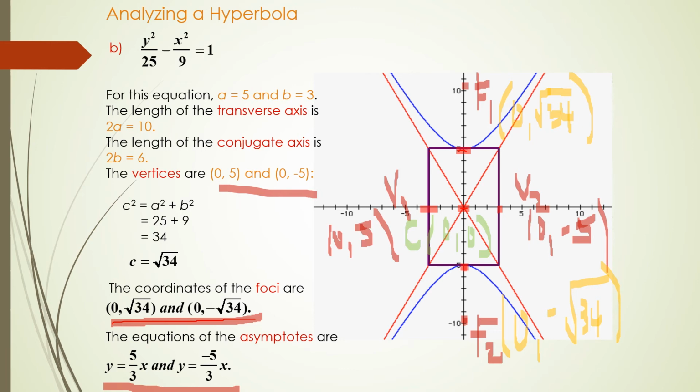The asymptote going from left to right decreasing is the negative one, so that will become y equals negative 5/3 x. The other one is y equals 5/3 x. Okay, again, put arrowheads in all your drawings.